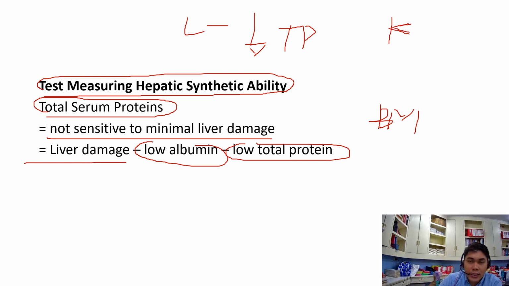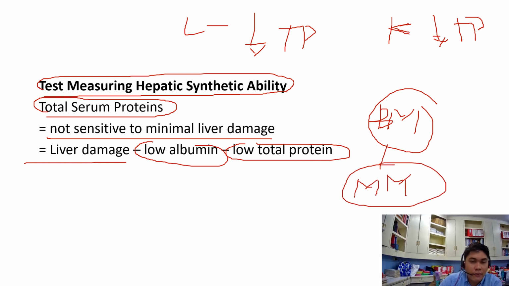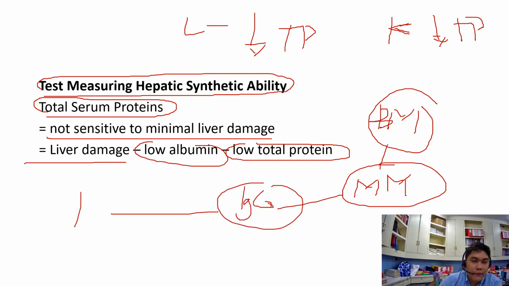In kidney disease or kidney failure, you have decreased total protein due to increased excretion of proteins. And in bone marrow, for example, multiple myeloma, you have excessive production of IgG, so the effect is an increase in total protein concentration. So the clinical significance of your total serum protein test is to assess nutritional status and the presence of severe diseases involving the liver, kidney, and bone marrow.